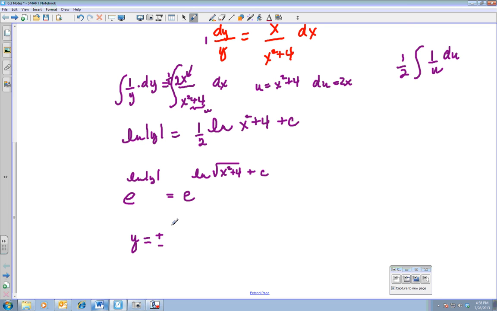I'm going to rewrite this first. This is going to be e to the natural log of the square root of x squared plus 4. And whenever it's addition, do you remember how we can rewrite that using properties of logarithms as multiplication?